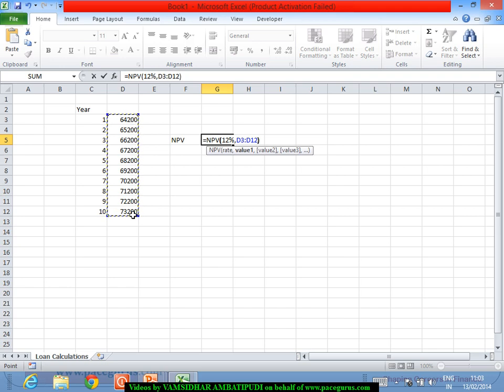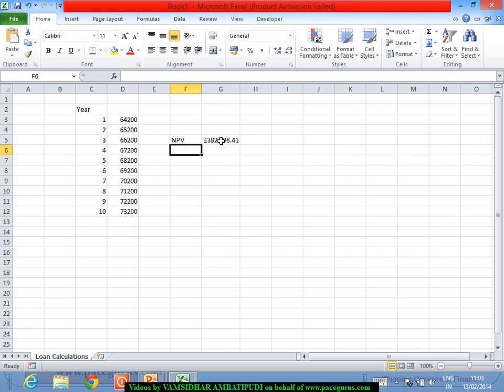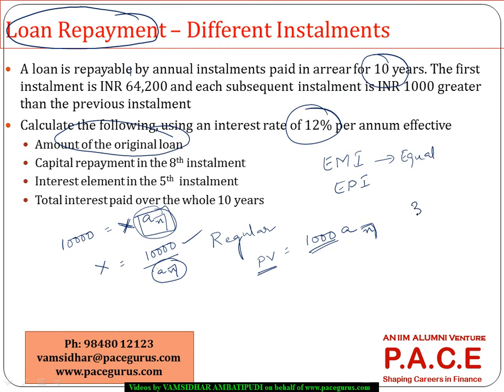I can say that the loan amount is 382,998. 382,998 rupees is the typical loan amount in this process, if at the 12% interest rate you are paying 64,200 and the installment is going up at the rate of 1000 every year.